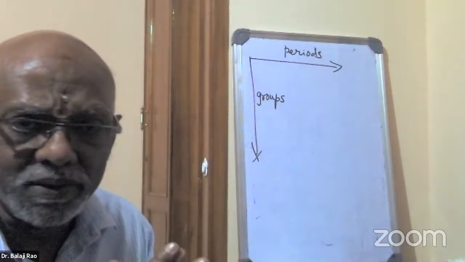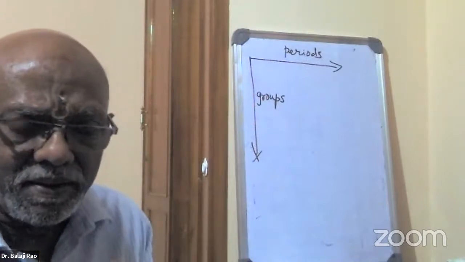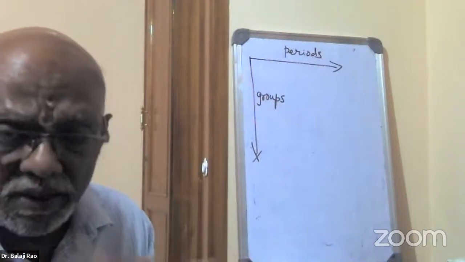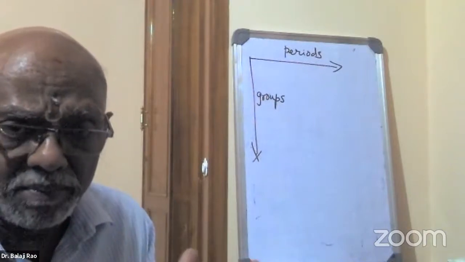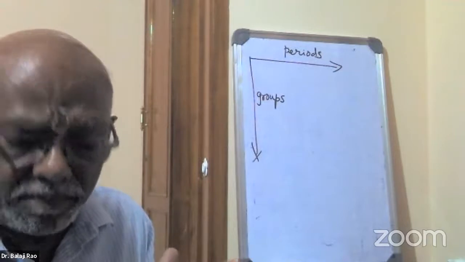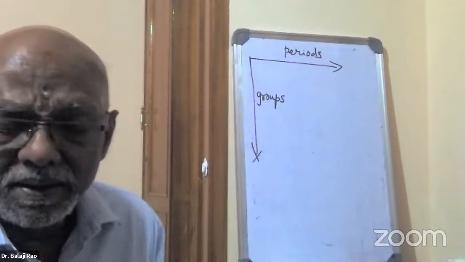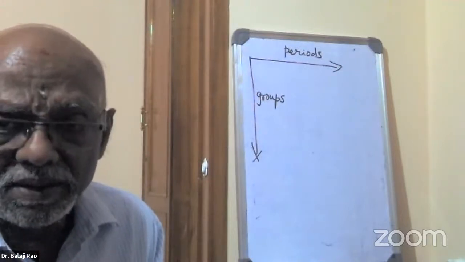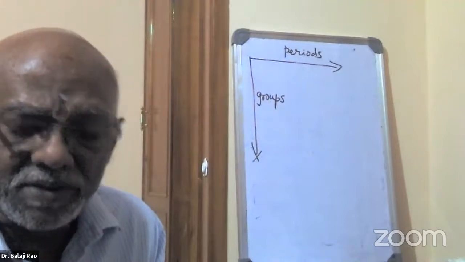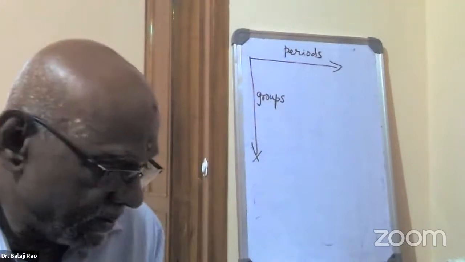All of us know this basic information. We also know the concept of atomic number and mass number. Mass number is the number of protons and neutrons together, atomic number is the number of protons or number of electrons.